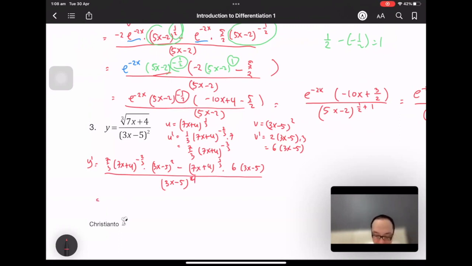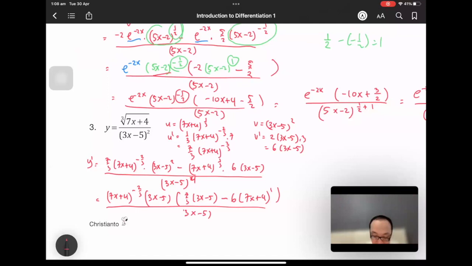We take the same factors: (7x plus 4) to the power of negative 2 over 3, yeah, the smaller one, and then (3x minus 5) to the power of 1. And then that's it. Now we have the remaining 7 over 3, and we have 3x minus 5, minus 6 of (7x plus 4) to the power of 1, over (3x minus 5) to the power of 4.